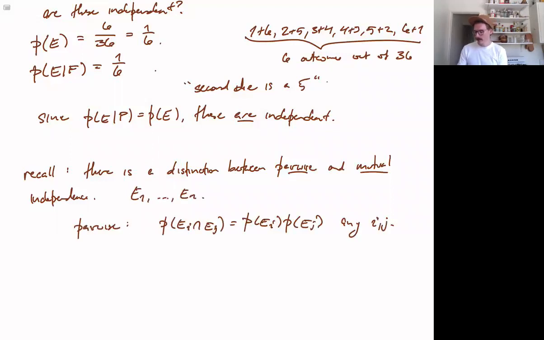Pairwise independence means that for any 2 of them, the probability of the intersection is the product of those probabilities, whereas mutual independence means the intersection of any collection of them.